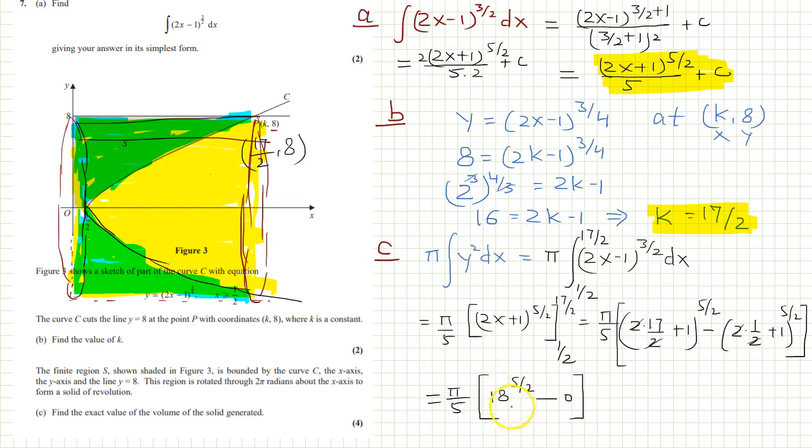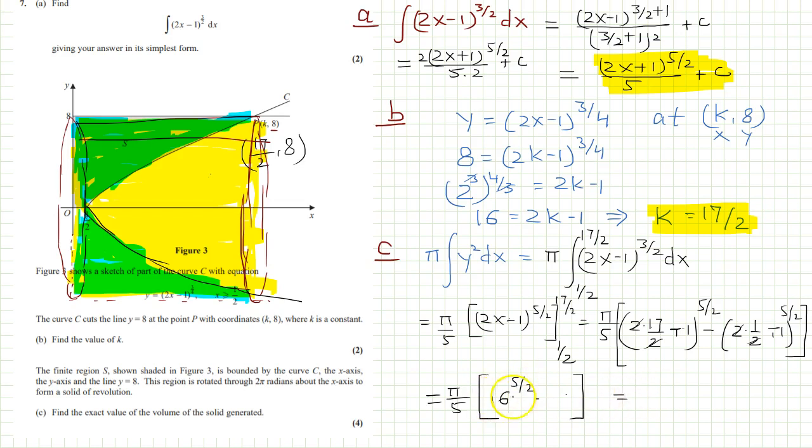Generally we don't get this odd kind of numbers here. So this 17 minus 1 is 16. So 16 to the power 5 over 2.